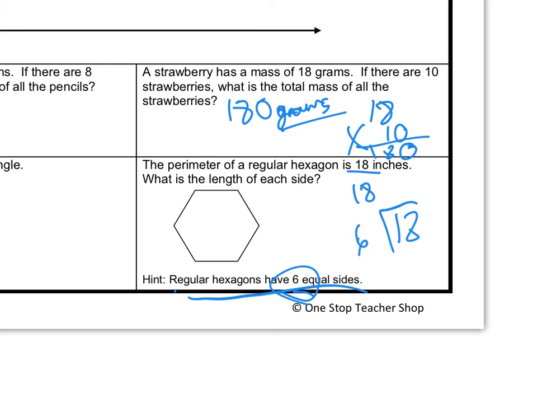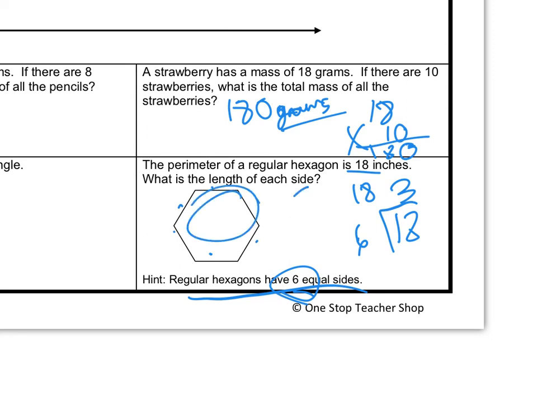So 6 goes into 18 3 times, which means each side of this whole hexagon will be 3, and you get 18 once you add all of the 3's up. Just to show you, there's 1, 2, 3, 4, 5, 6 sides in total.